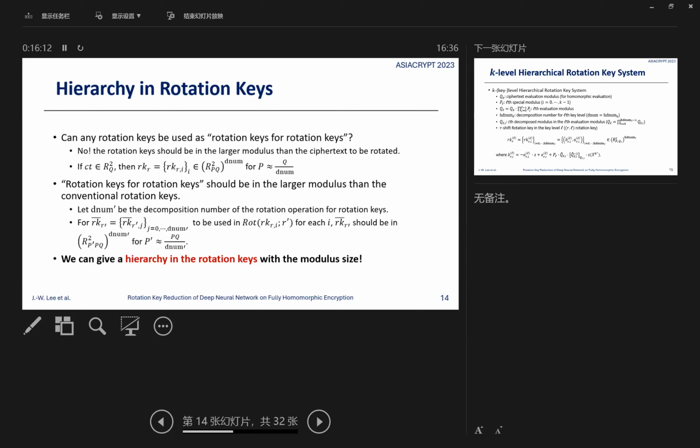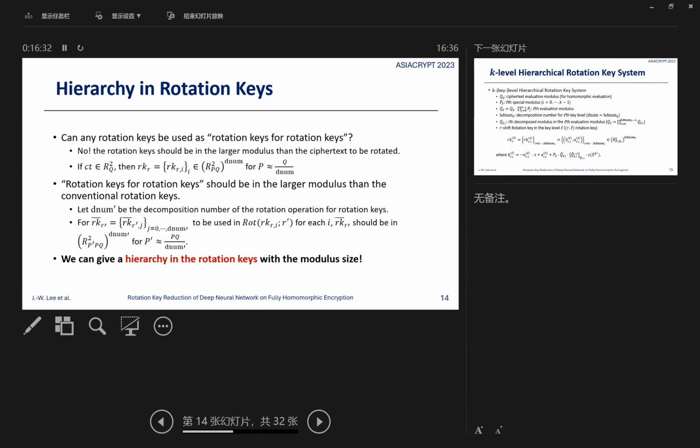So can any rotation keys be used as the rotation keys for the rotation keys? The answer is no, because the rotation keys have to be in a larger modulus than the ciphertext that is to be rotated.